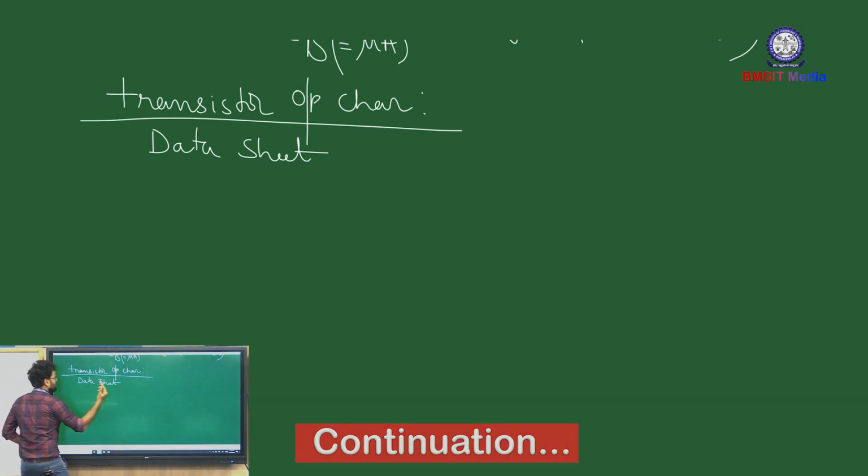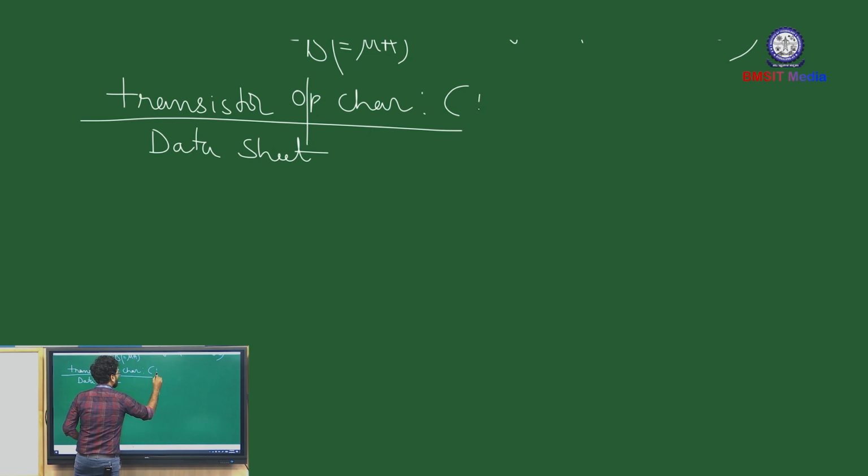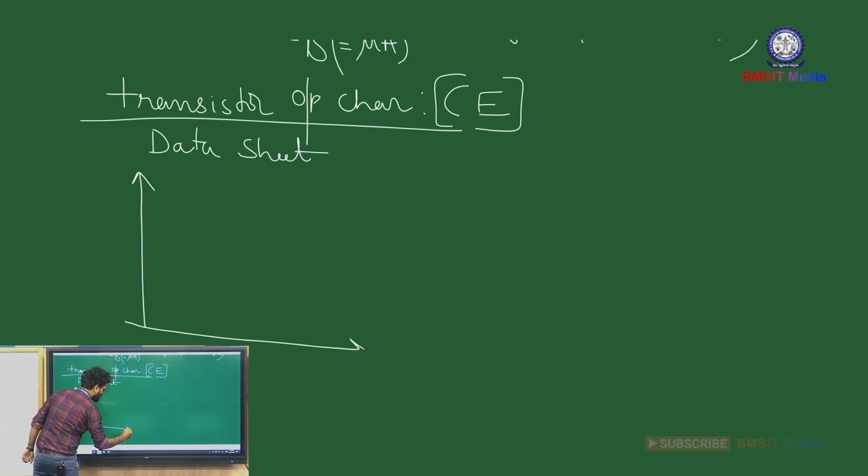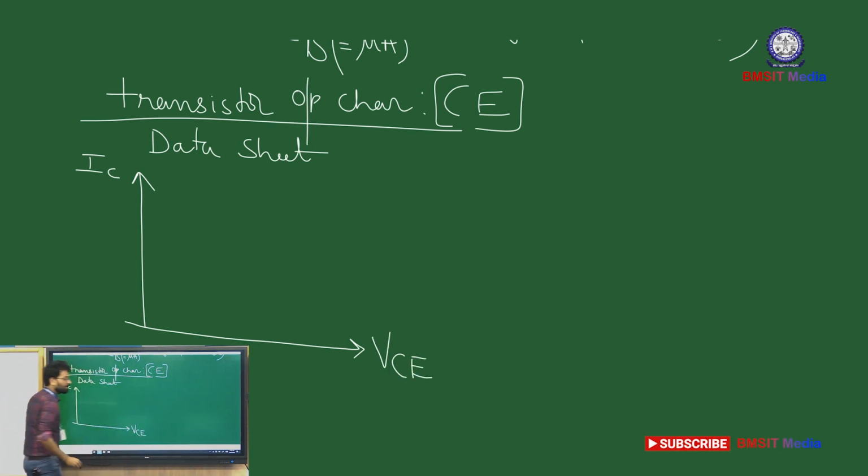For this, we will consider common emitter configuration. Output characteristics is nothing but information of variation of collector current with respect to variation of collector to emitter voltage.